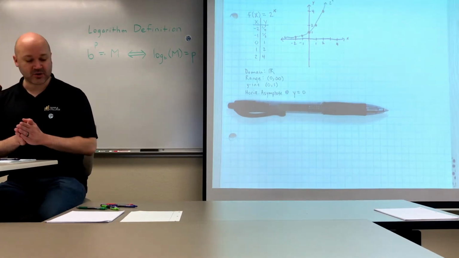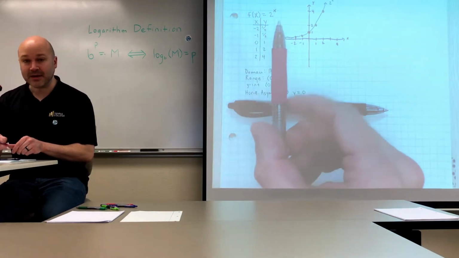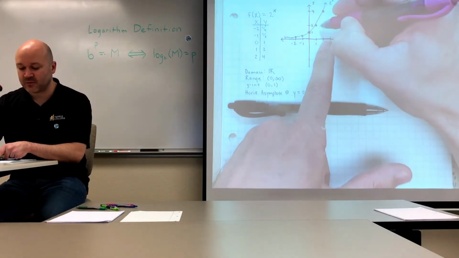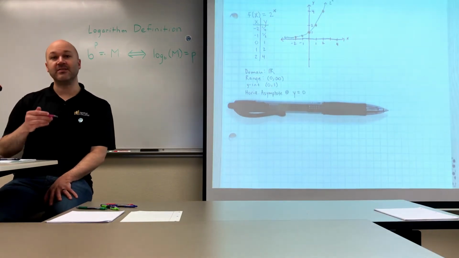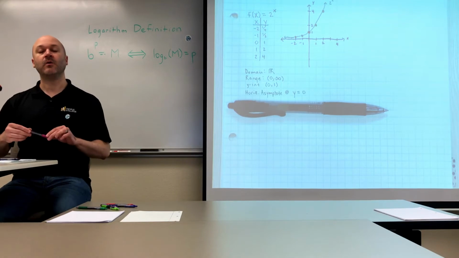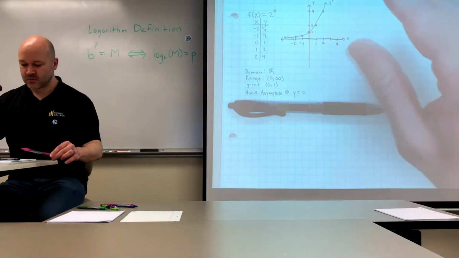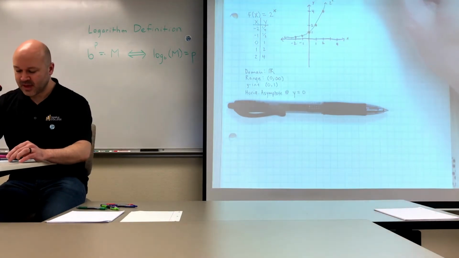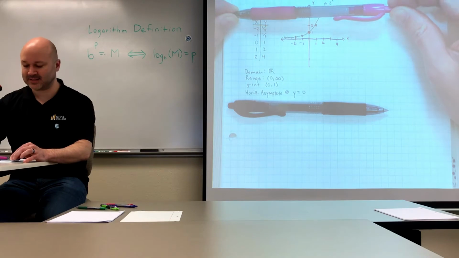And we call this a function because it does pass a vertical line test, meaning every x value has only one y value. And functions that then go on and pass a horizontal line test are called one-to-one functions. So I'm going to take a look at my function here. And it does pass a horizontal line test.